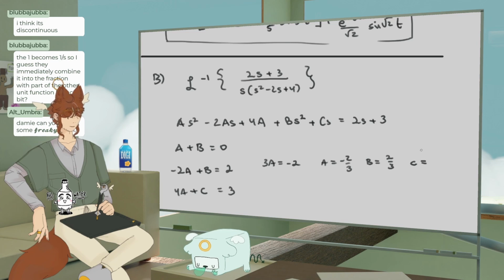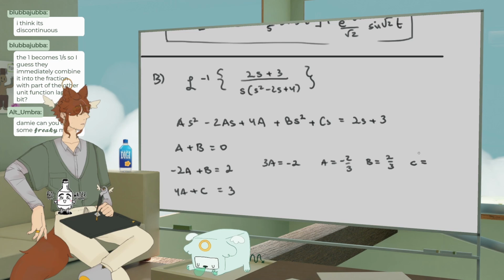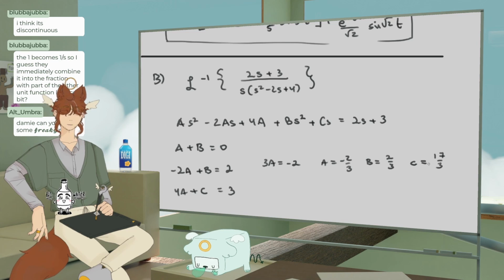So, okay, negative 8 thirds, so 9 thirds plus 8 thirds is 17 thirds. Don't know about that one. Not too happy about that one, actually. Kind of sucks a lot. Is that really what that is?